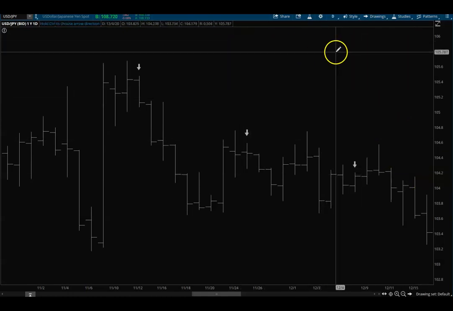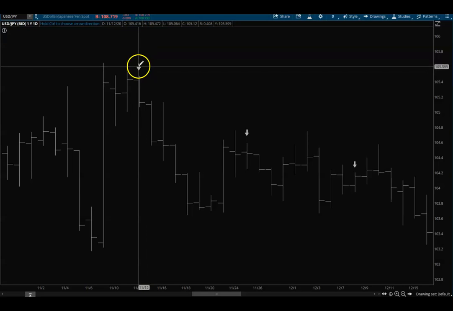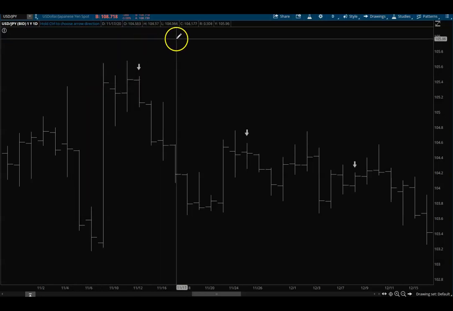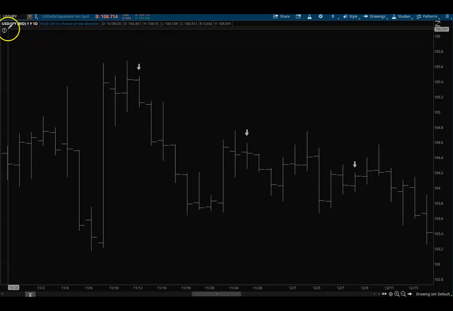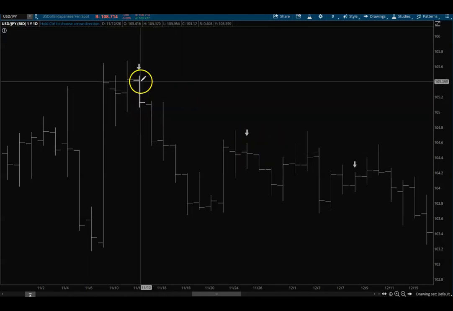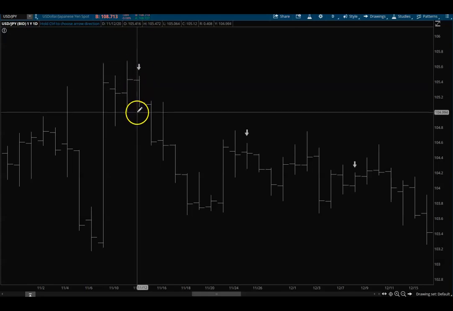So let's look at what we consider an unusual event. See where this arrow is right here? Let's say we're trading, and our day just finished. This is a daily chart of the US yen, on a day-by-day basis. So what's unusual about this particular day where this arrow is?